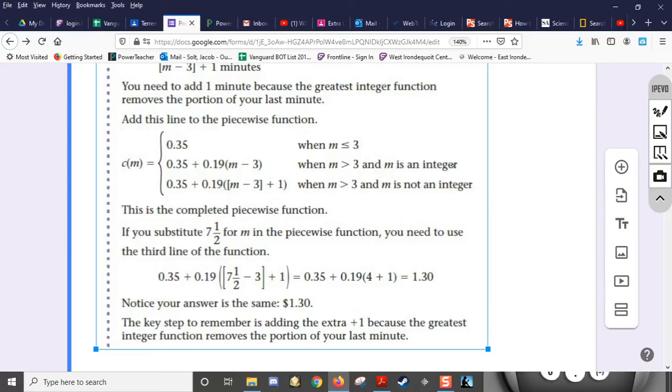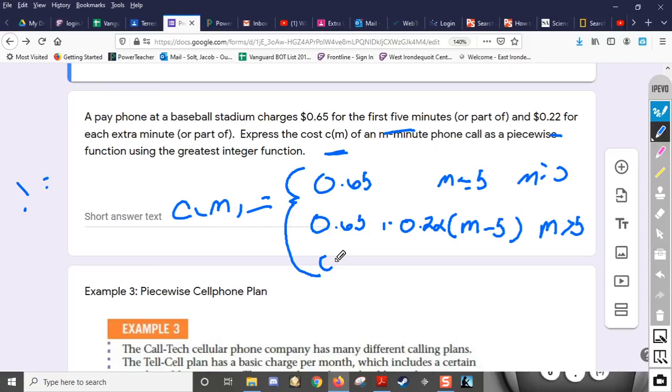Okay, so here I go again. Where am I? Well, there we are. And some of my stuff got deleted. I don't like that. But you can pretty much see it. There's my 65 cents. There's my plus. I need 22 cents. And I should probably write, when m is an integer here, but I don't know if I can.